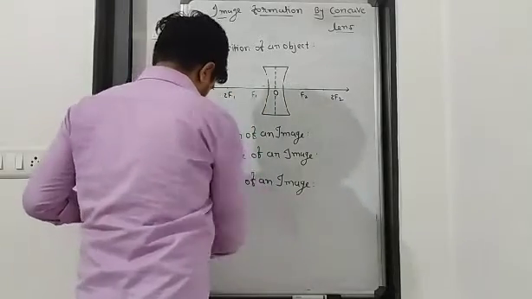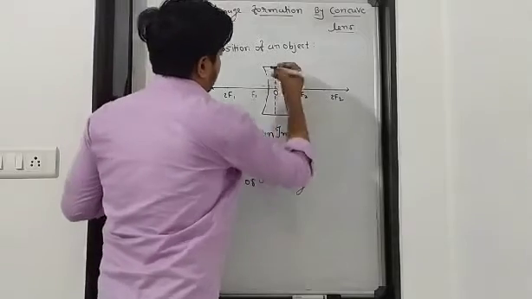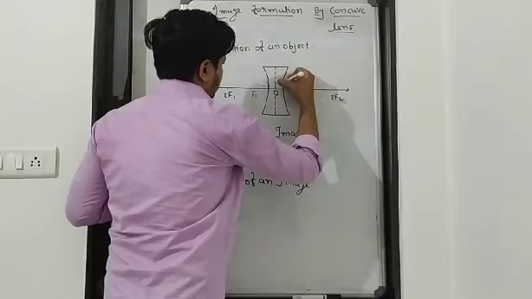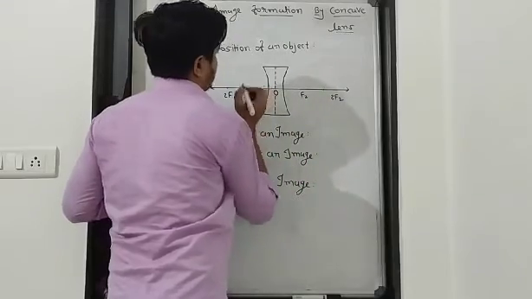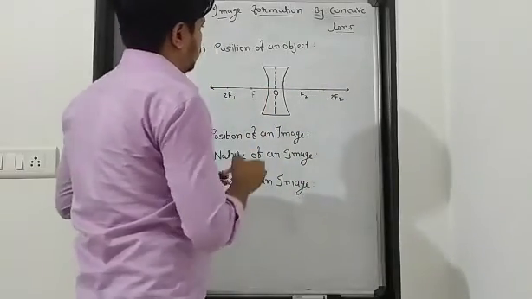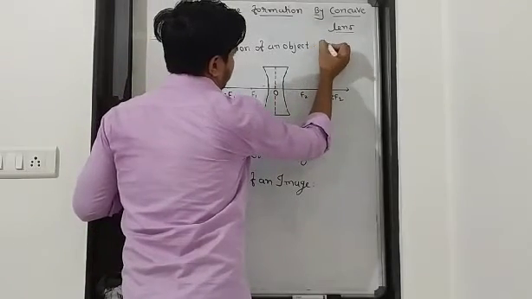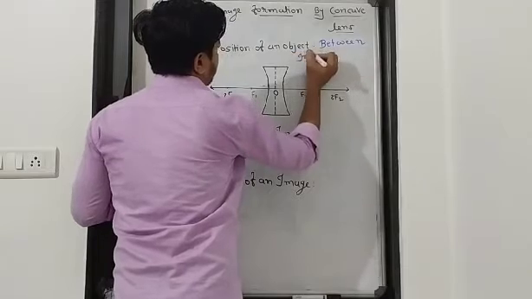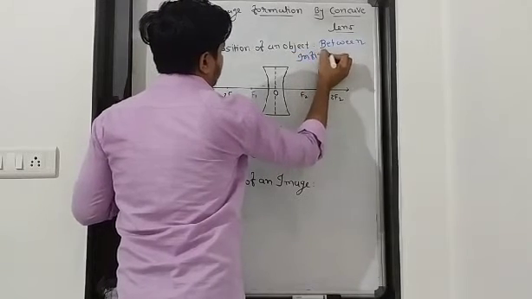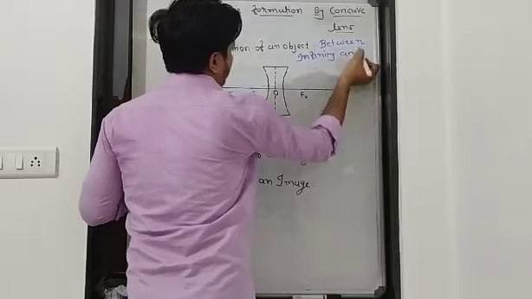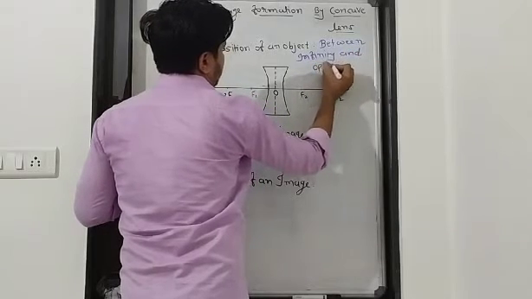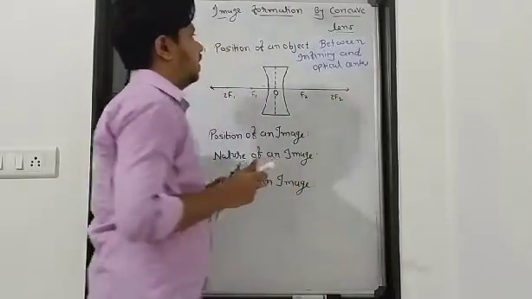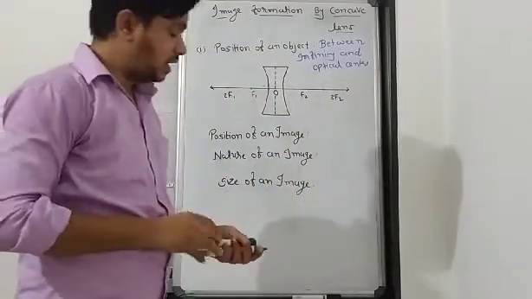So here it is, a concave lens. Where the object is situated, it is in between infinity and optical center.